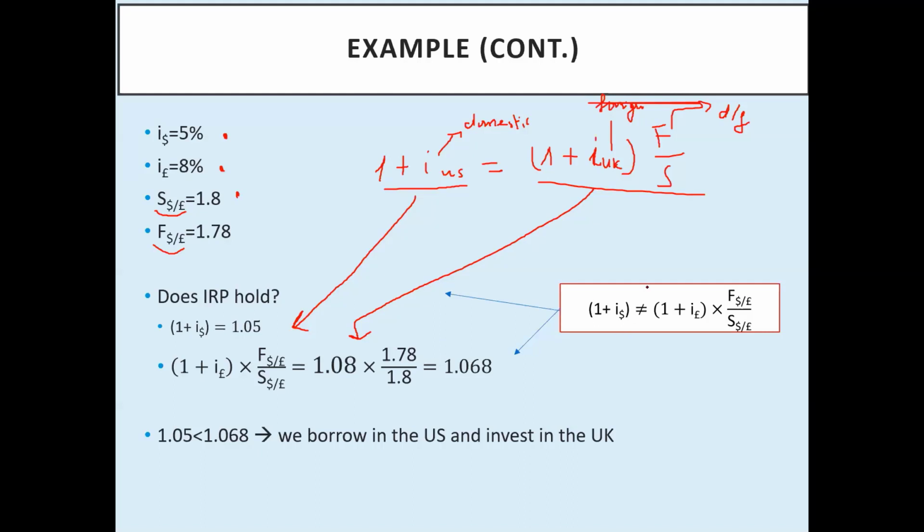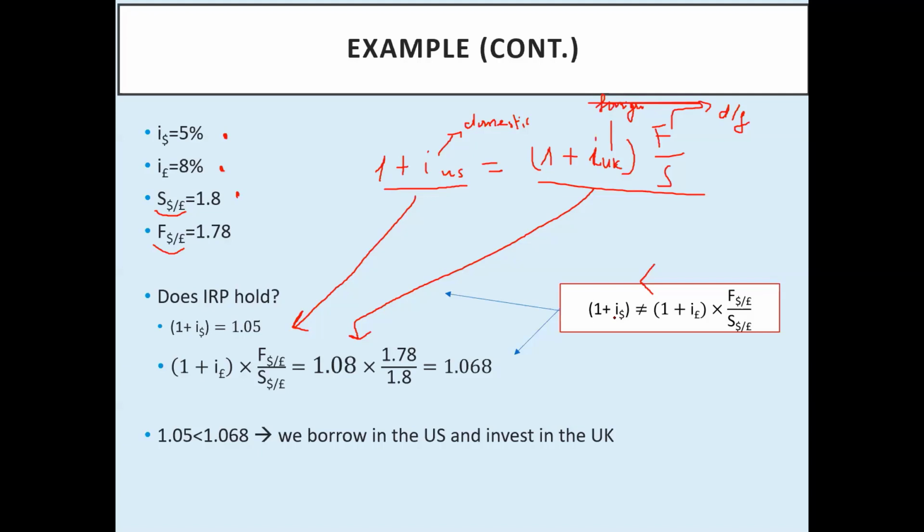So in this case, borrowing in the domestic country is cheaper than borrowing in the foreign country, okay? In contrast, lending in the domestic country does not yield as high as lending in the foreign country, okay?